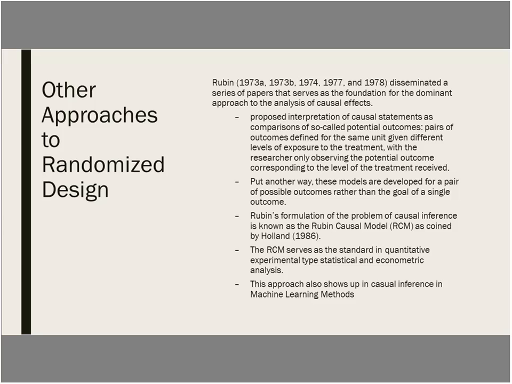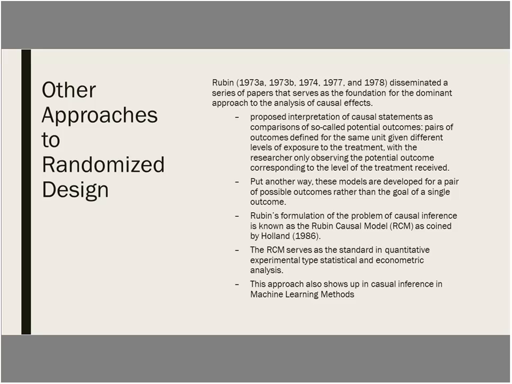So if you're interested in these other randomized designs, that paper by Holland is probably the one you should read to get the contextual background of the whole thing. The RCM, the Rubin causal model, is basically the foundation for quantitative experiments in both statistics and econometric analysis.